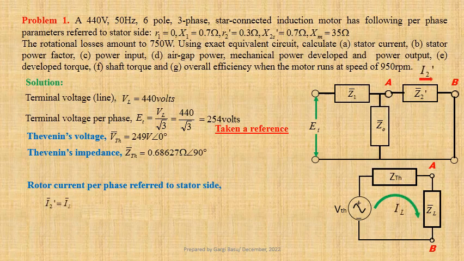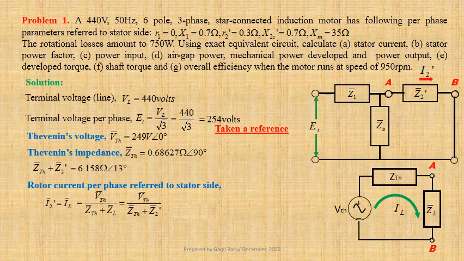I2 dash equals IL equals VThevenin divided by Z-Thevenin plus ZL, or VThevenin divided by Z-Thevenin plus Z2 dash. We have computed Z-Thevenin plus Z2 dash equals 6.158 ohm at an angle 13 degree.